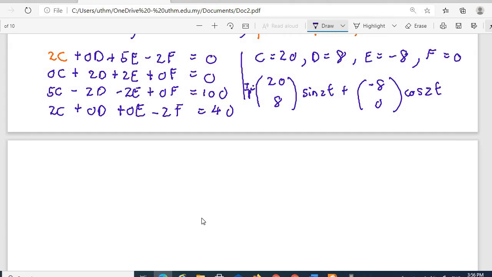And then the general solution is actually IC plus IP.